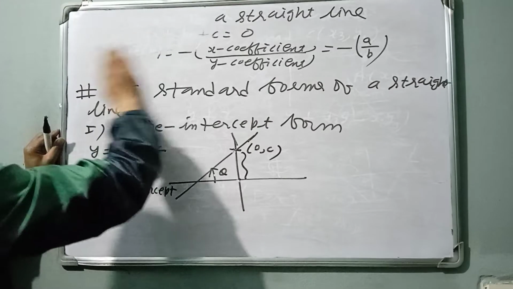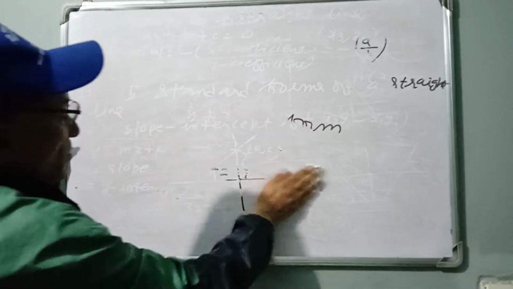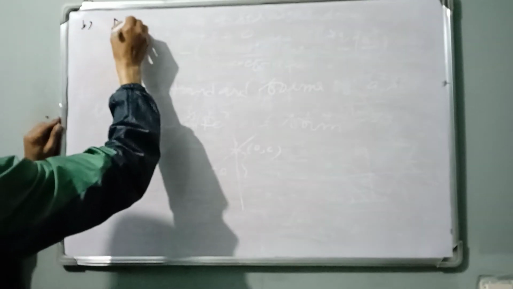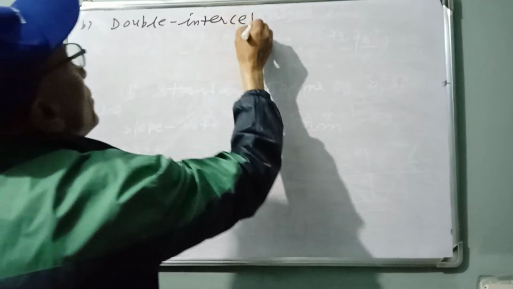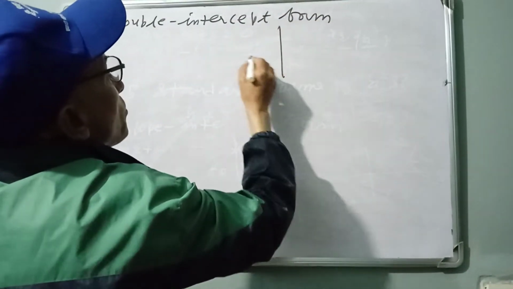Second one is double intercept form. What is the double intercept form?